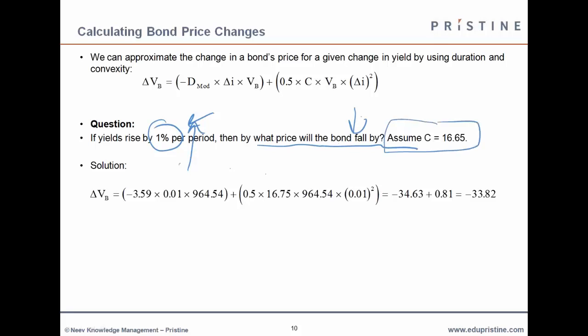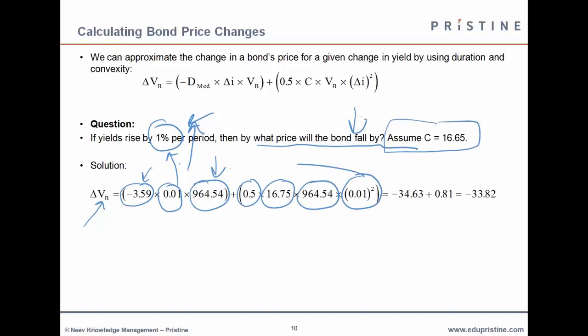Convexity is given to you. So the formula is change in price is equal to minus duration, change in yield. The duration is taken from the past data. Change in yield, 1% positive, into the price of the bond, plus 0.5 convexity, price of the bond, delta y squared, the change in yield.